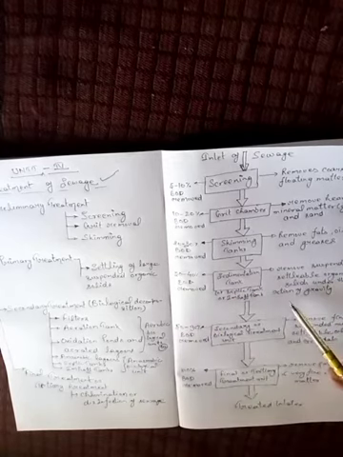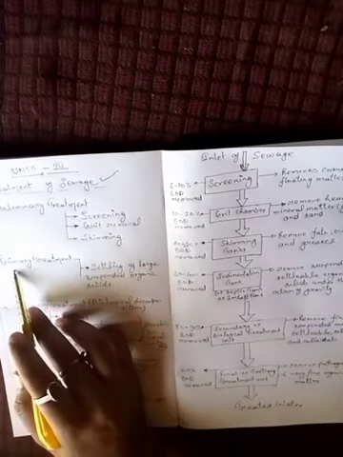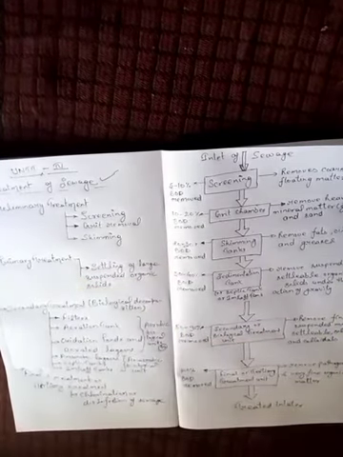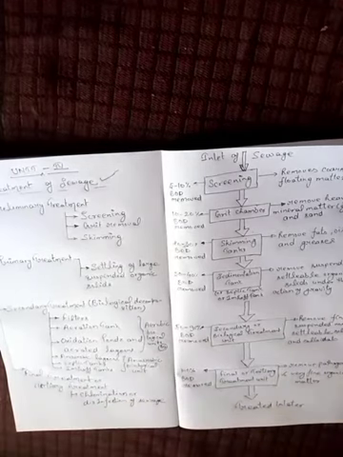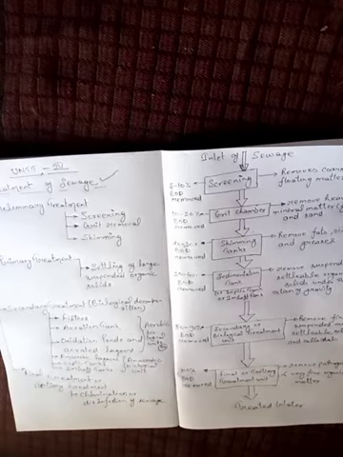After that, the primary sedimentation process occurs. That means primary treatment of the sewage is started. In this step, suspended settleable organic matter in the sewage is removed by gravitational force.